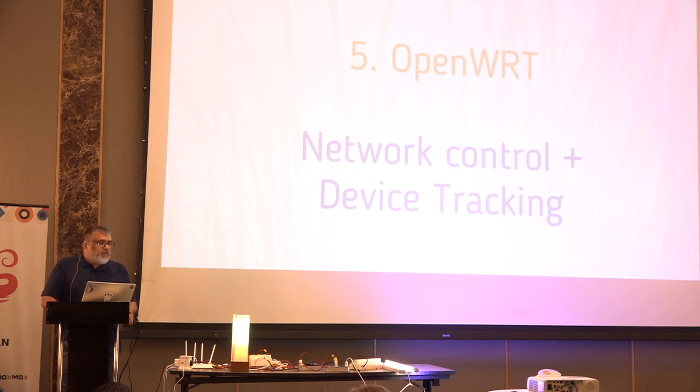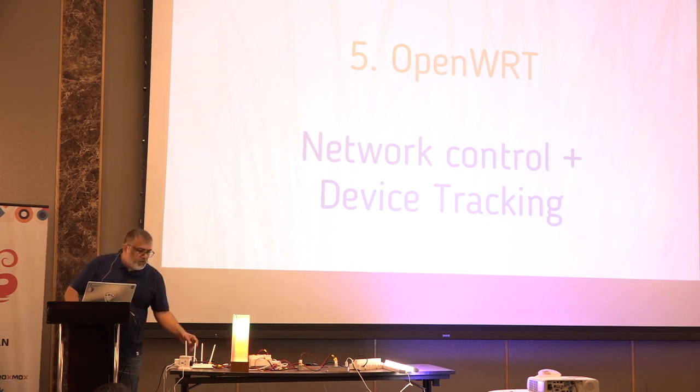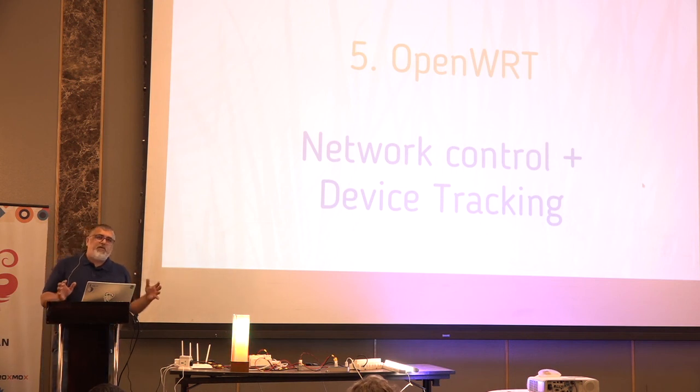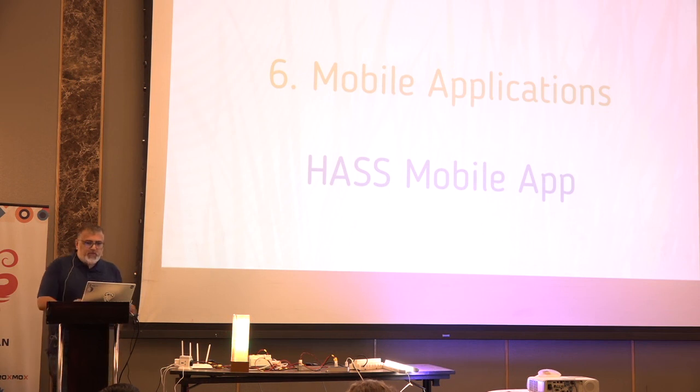And unless we are able to control that network, it would be sometimes very difficult to even debug what's happening or be able to control what's happening. So one of the most critical components of building this is to use the OpenWRT operating system on a router like this, and then build the home automation system, because you are going to be able to look at all aspects of the network, on the device as well as on the wireless side. I'll come to this a little later on.